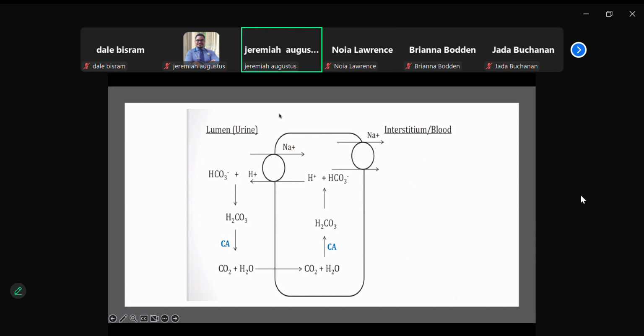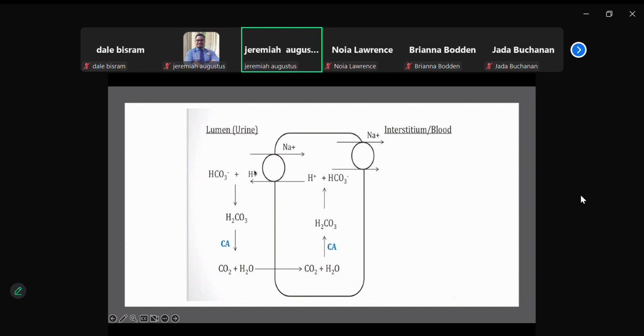So on this side, this is the urine side, correct? The patient is losing bicarb, but bicarb is very important to neutralize the acid that the body makes every day. So this creates a low sodium concentration inside the cell. Sodium wants to move in, and every time sodium moves in, it pushes hydrogen into the urine.